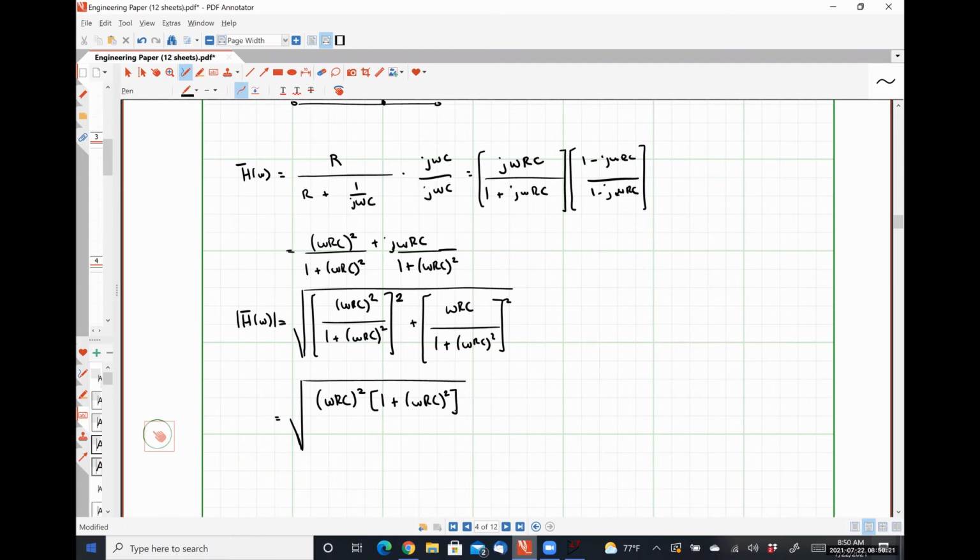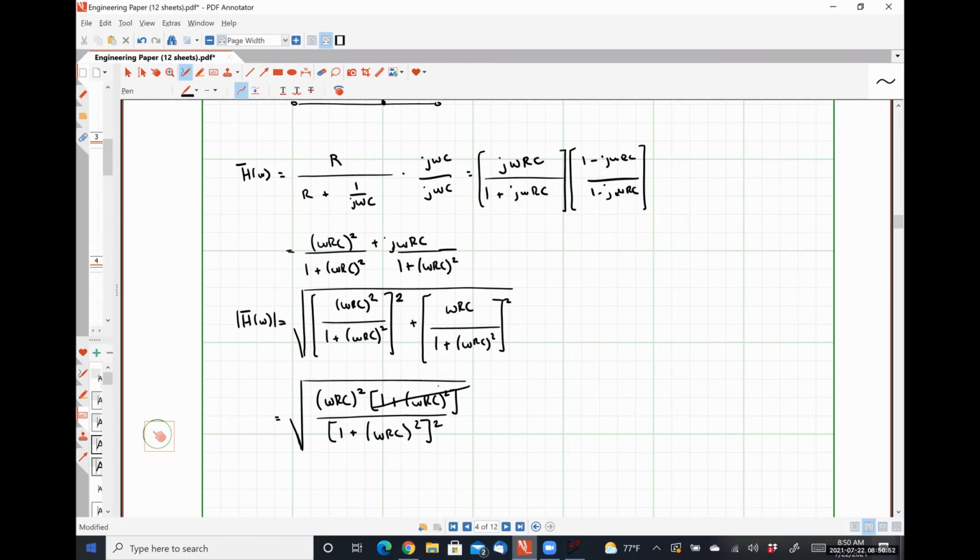So what I've done here, obviously I'm going to have omega RC to the 4th power for my left-hand contribution, and then omega RC squared for the imaginary part contribution, and I've just factored out omega RC squared from that: omega RC squared plus omega RC to the fourth power. This will be divided by 1 plus omega RC quantity squared.